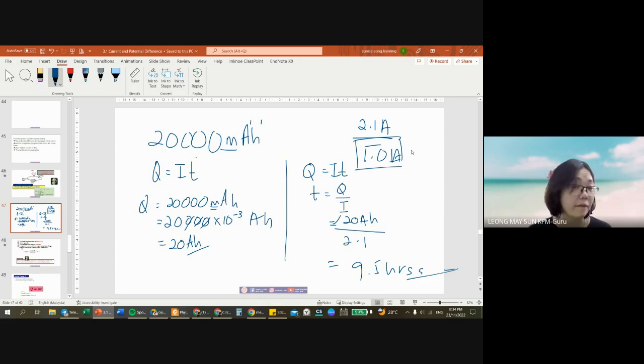Same thing goes for your handphone. Your handphone will be roughly around 4,500 mAh only. So how did the manufacturer and the supplier allow you to charge your phone faster? You would notice that a normal charger supplies 2.1 ampere.